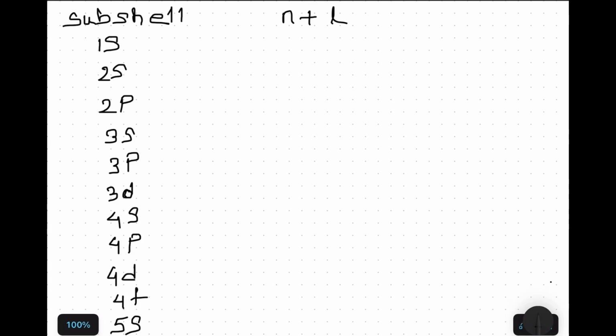So the value of N plus L for 1s is equal to 1 plus 0, that means 1. For 2s it will be 2 plus 0, that means 2. For 2p it will be 2 plus 1, that means 3.